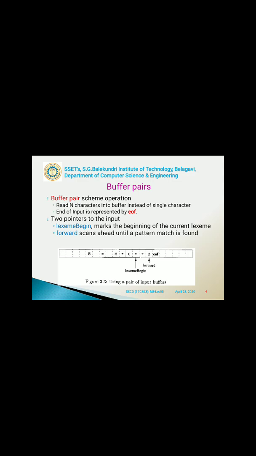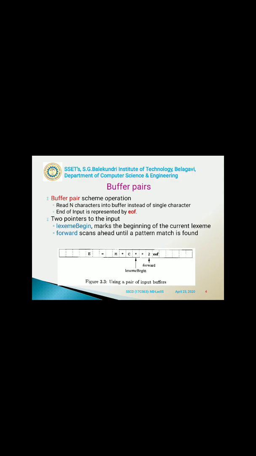Now understand how these buffers are going to be used by the lexical analyzer. It is going to use two pointers for whatever input you have read. One is lexeme begin. When your lexical analyzer starts identifying a lexeme, it keeps one pointer at the beginning, that is lexeme begin.